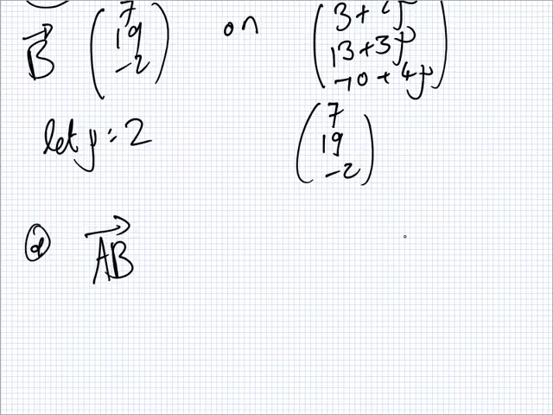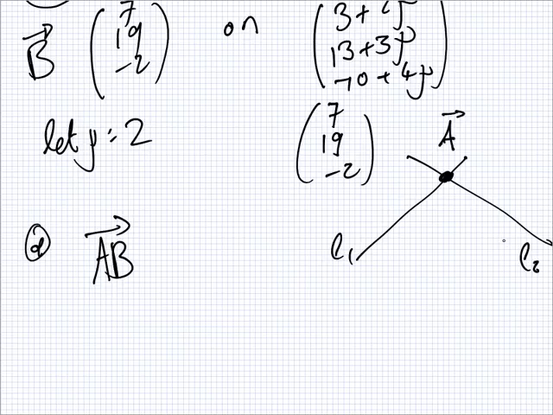If you look at what's happening, you have line 1, line 2, where they meet is A. This is L1, and this is L2. And B is on L2. But what is B? It's (7, 19, -2).